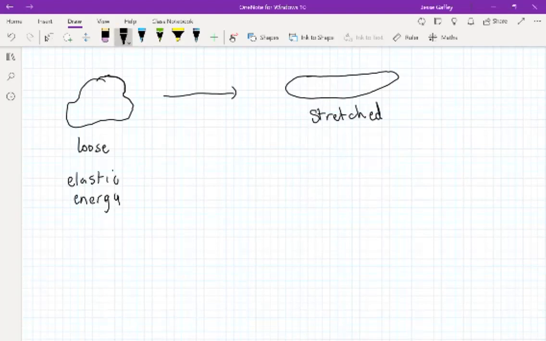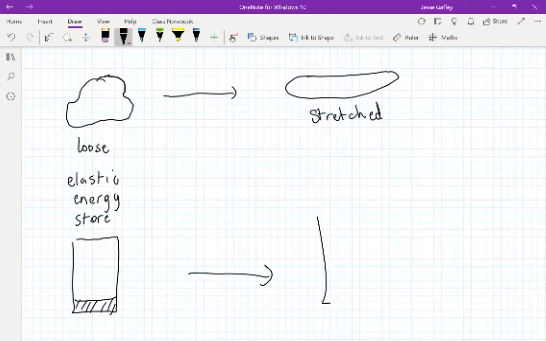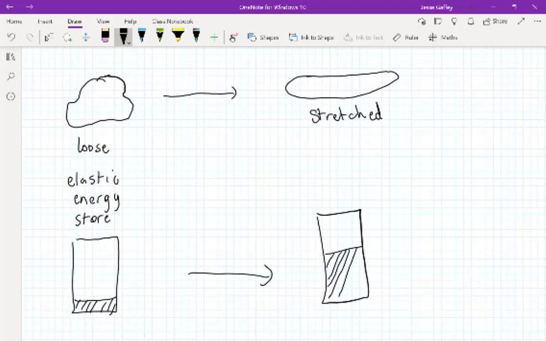When the elastic band is loose, it's only got a small amount of energy in the elastic energy store. And when we stretch it, we add energy to the elastic energy store. So now it has more energy. And the more you stretch it, the more energy you would add to the elastic energy store.